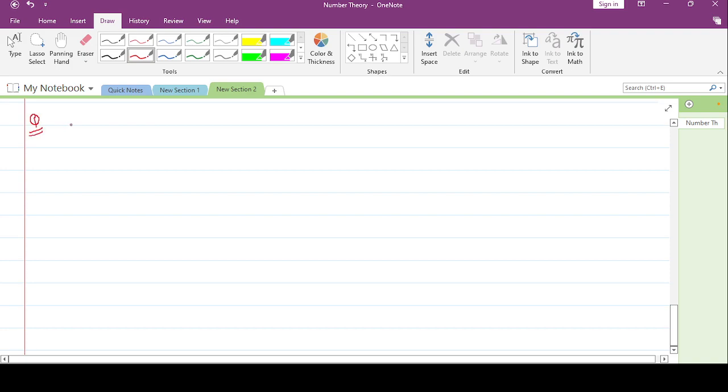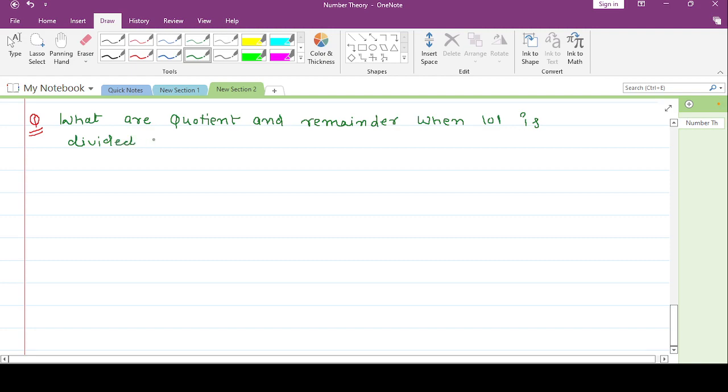The question is: what are the quotient and remainder when 101 is divided by 11?